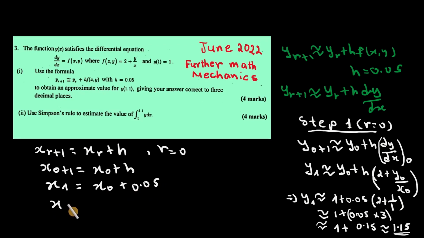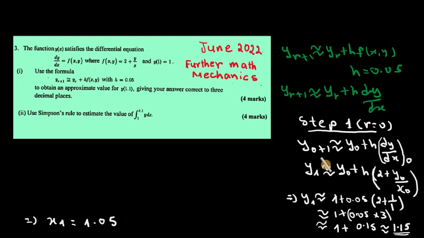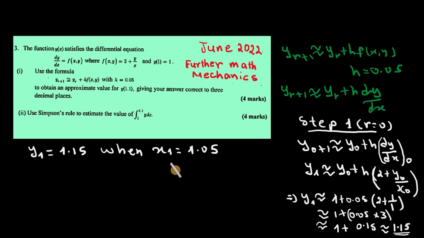That means x1 is equal to 1 plus 0.05, which is 1.05. So we can conclude that at r equals 0, y1 equals 1.15 when x1 equals 1.05. From here, we still need to continue to step 2, since the target is to get the value of y when x equals 1.1 as required by the question.